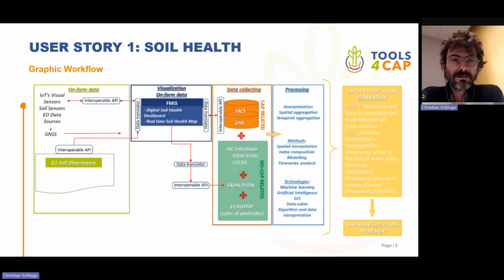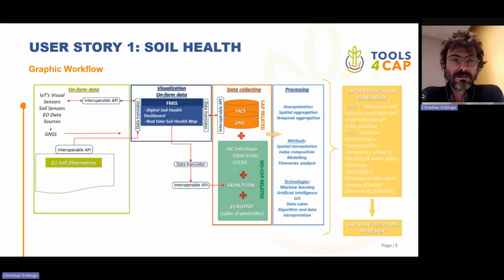The farm management information system is very useful also in this case, as in this case that Alberto showed us before, because the farm management information system in any case could be also a complex system that can create dashboards that can visually represent easily the digital soil health as a dashboard, and can give us also, thanks to the GIS information, real-time soil health maps.